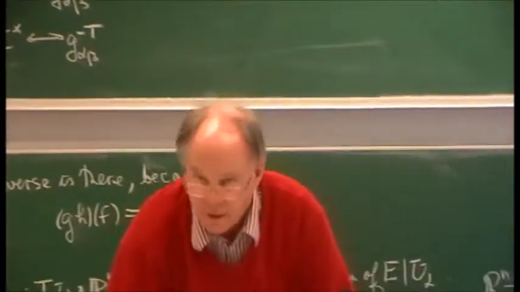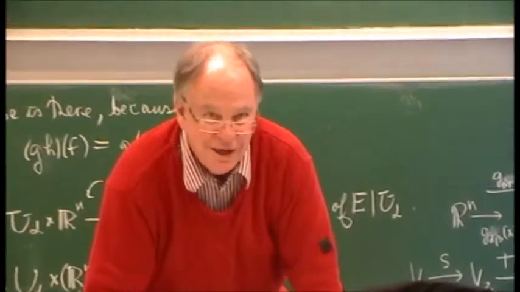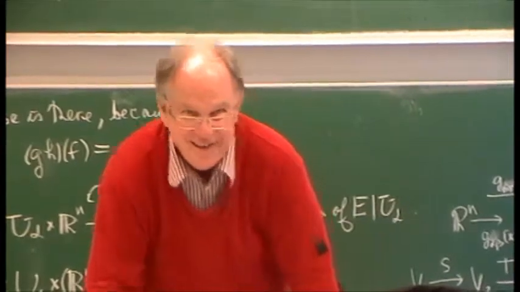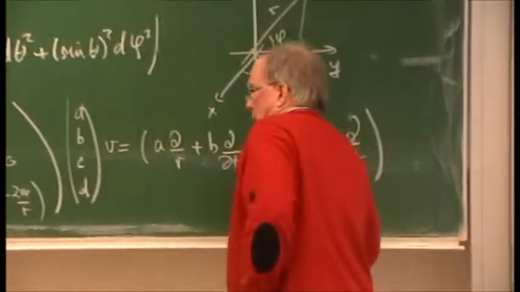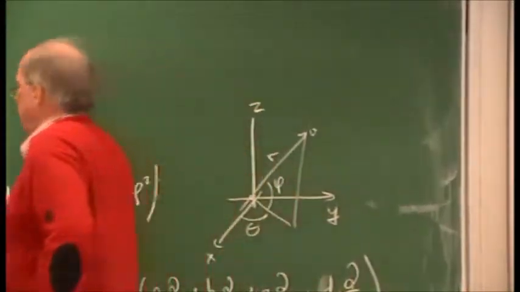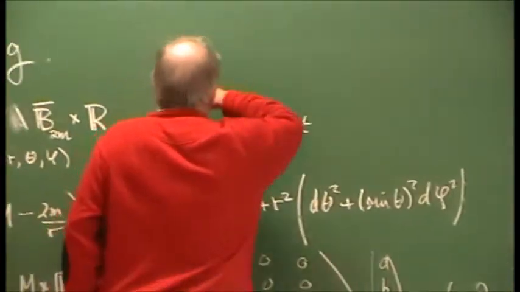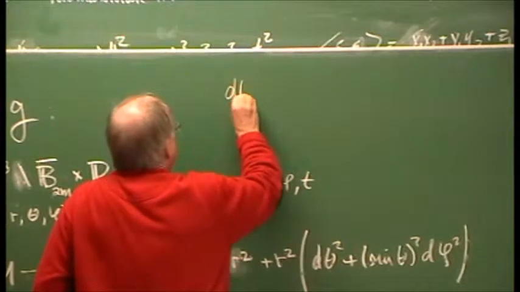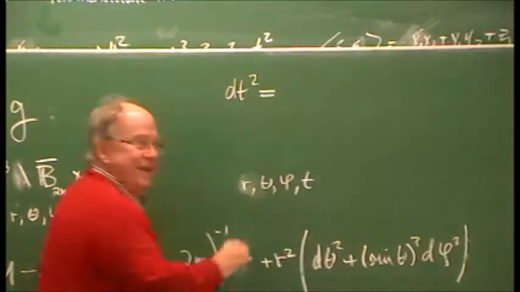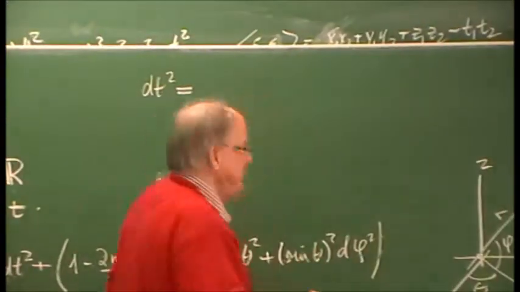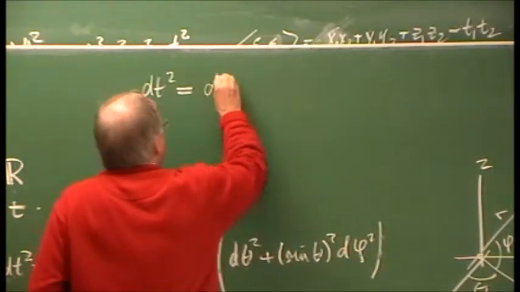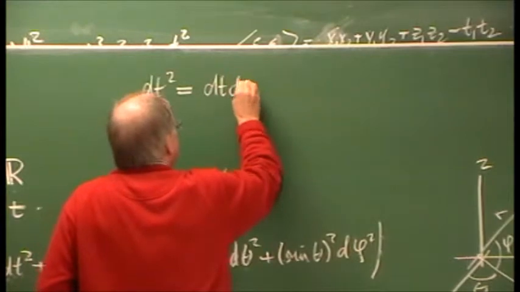So, now, it's a good question. What the devil does this d squared mean? I will explain. So d squared, Mihai, you're going to really like this answer. That means dt times dt.